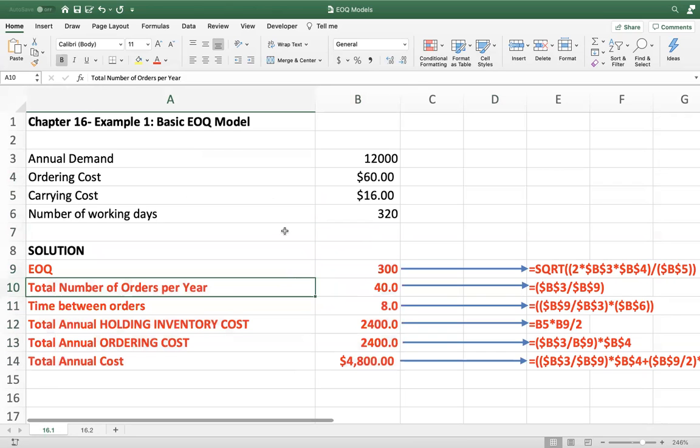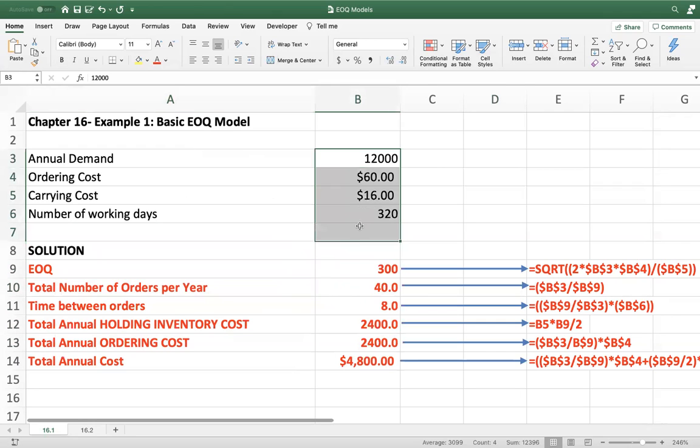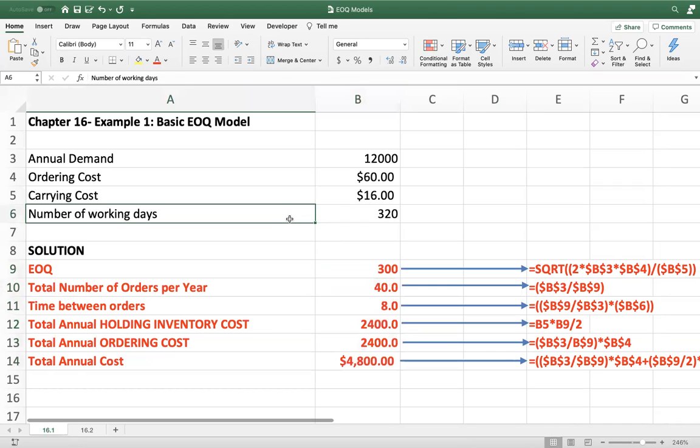So if you encounter another problem just like this one, all you have to do is to change these parameters, and these numbers are going to be calculated for you. So as you are working on your assignments or your experiential learning activity problem, or your test, you can definitely use this Excel file.